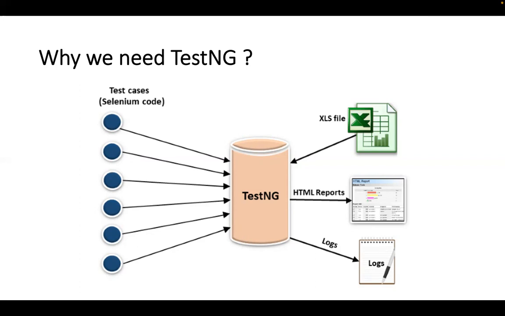We'll get a good report with the hierarchy as well as the summary status and the detailed status. Additionally, we can configure logs as well using TestNG. So this is specifically created for automation testing purposes and can be used with either REST API automation, or we can use it with Selenium automation as well.